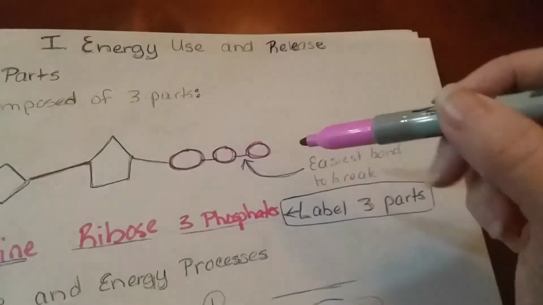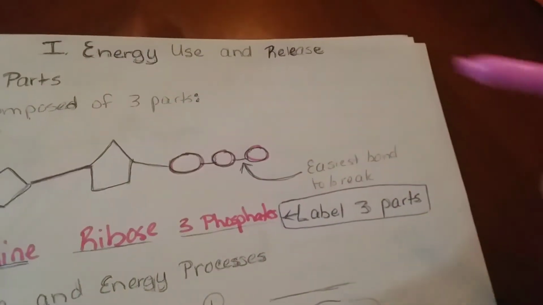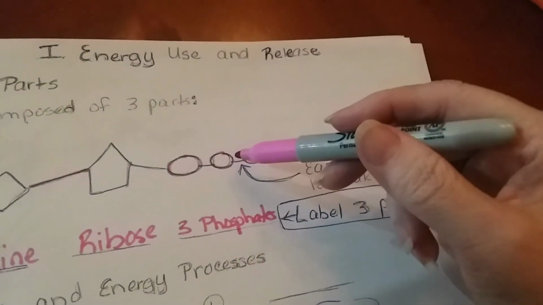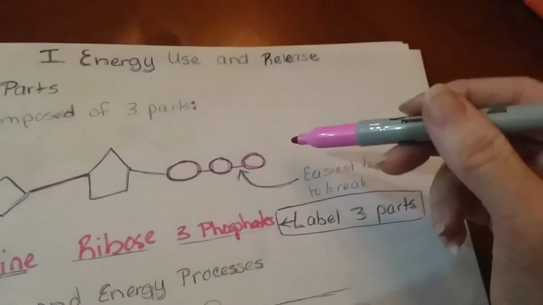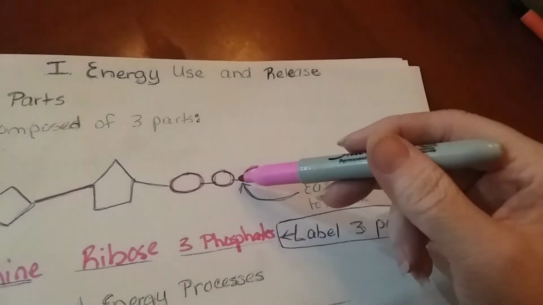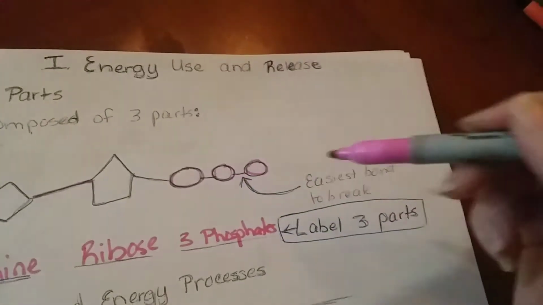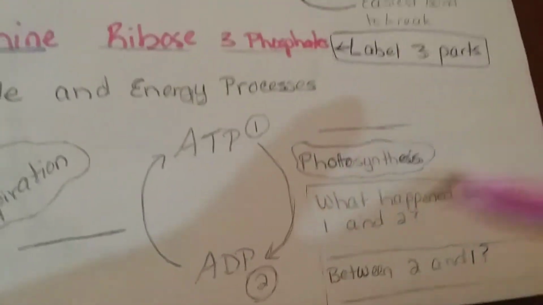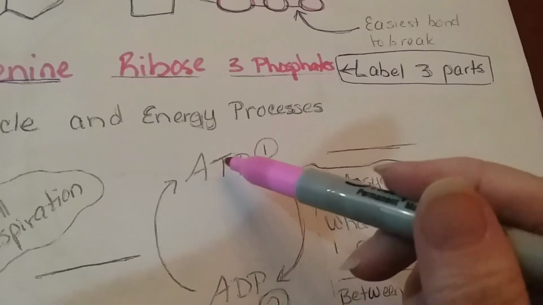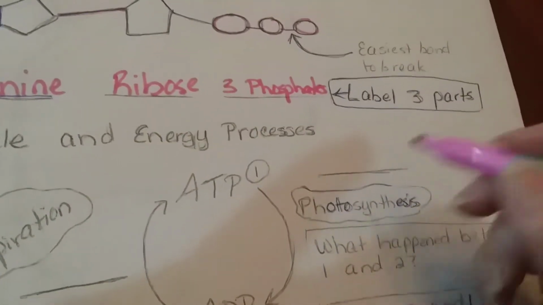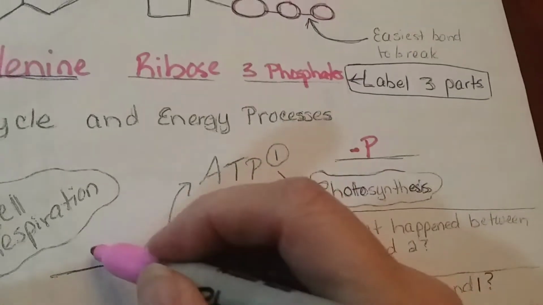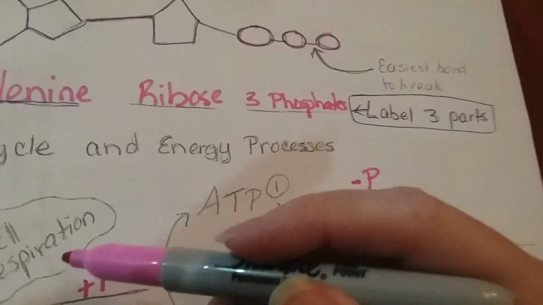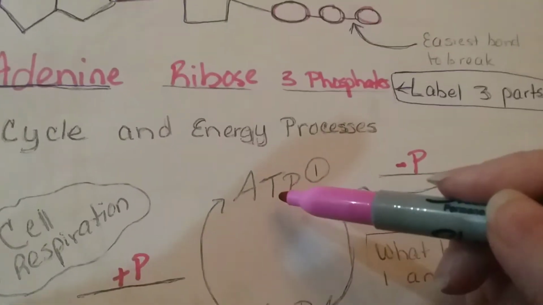These bonds are the easiest ones to break, and that is how ATP releases energy, by breaking that bond. It can then store the energy by getting that bond back. So this is the cycle that occurs. It goes from ATP, it loses a phosphate to become ADP, and then we can also gain a phosphate through cell respiration to become ATP again.